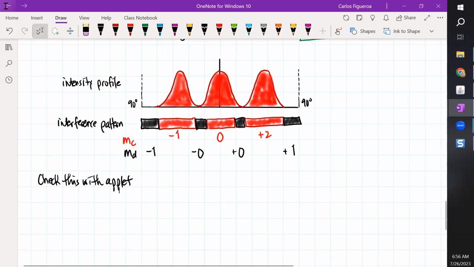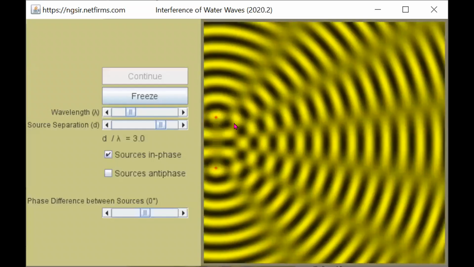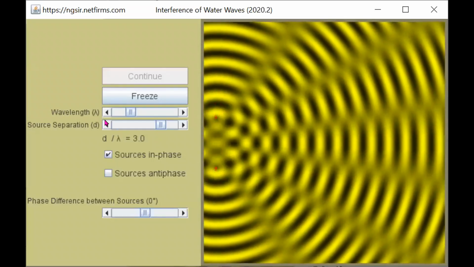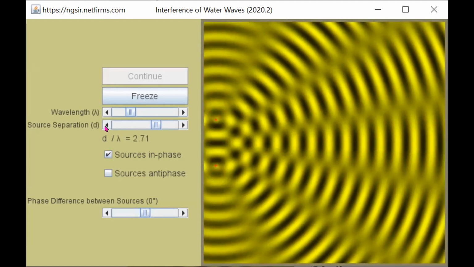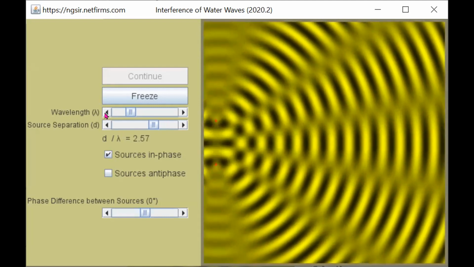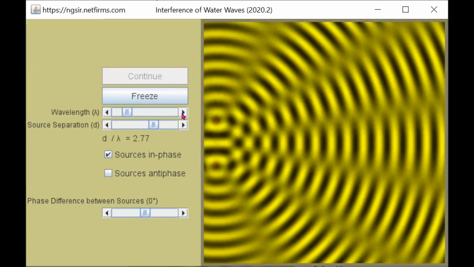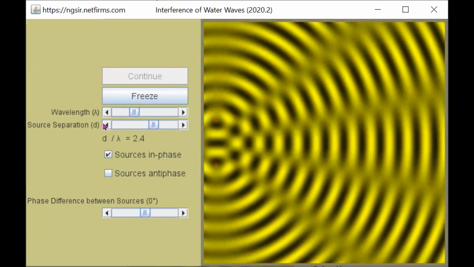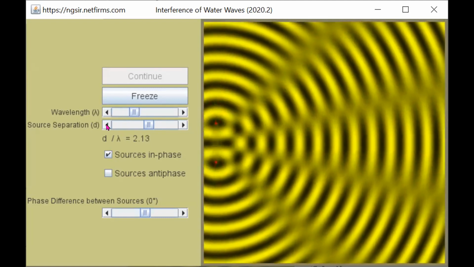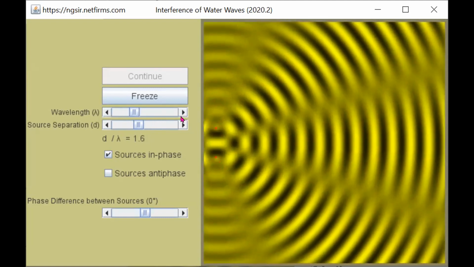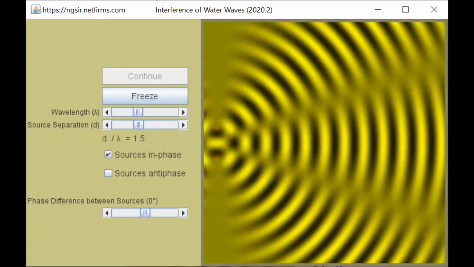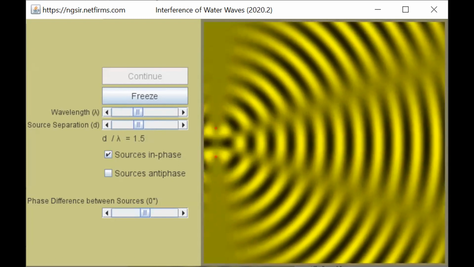So let me go share my screen. And here we go. Now what I need to do here is get this to 1.5. Nope, I need to increase this. Okay. Oh, 1.5, that's perfect.